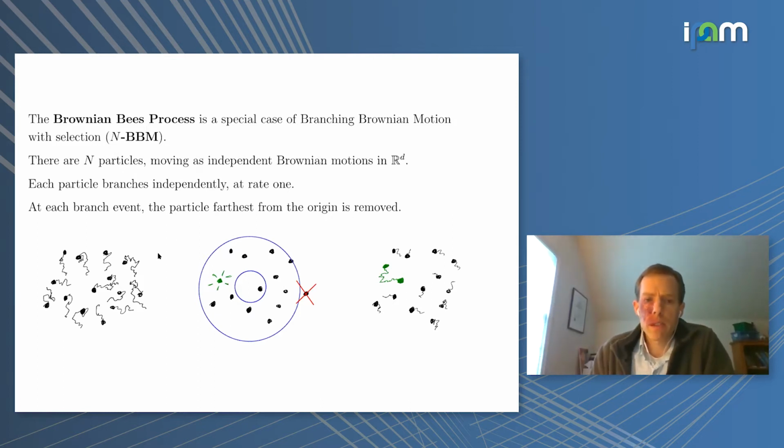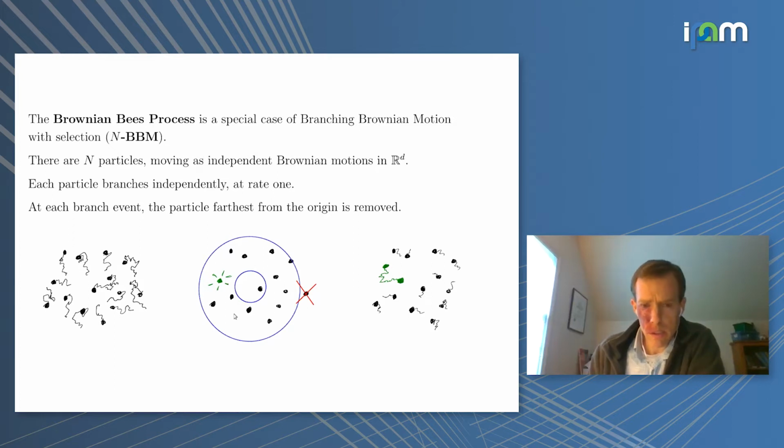So the 3 pictures here represent the system at 3 different points in time. Initially, we have the particles diffusing in R^d, and then at some time, one of the particles, say this particle highlighted in green, tries to branch into 2 particles. Then the particle that's farthest from the origin, the one crossed out in red, is selected for removal.